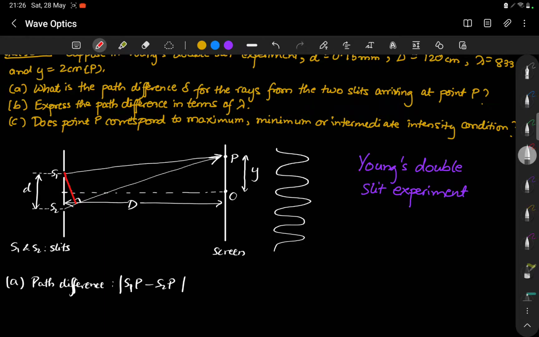Let us call this point M. When the screen is very far away from the slit plane, then under that approximation S1P will be roughly the same as MP. So our path difference in that case is going to be equal to S2M.